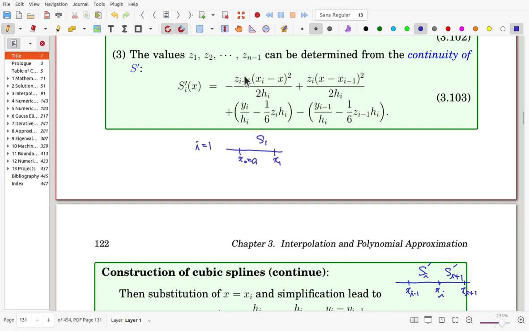Then you can get the corresponding right side along with i is 1, and that value will be f prime at A. And also when i is n, then Sn is defined over x n-1 to xn, which is now B, that is Sn.